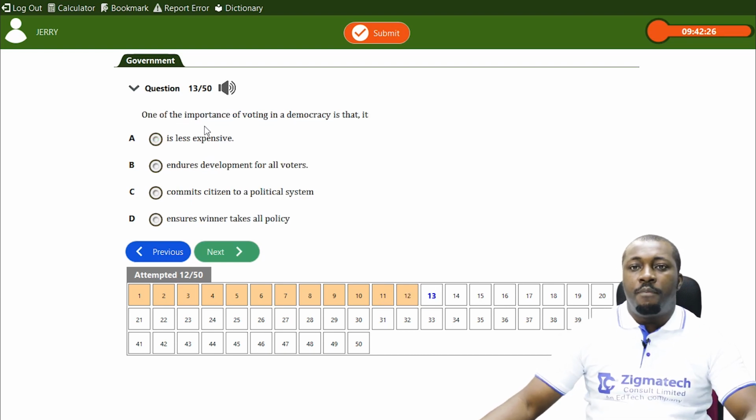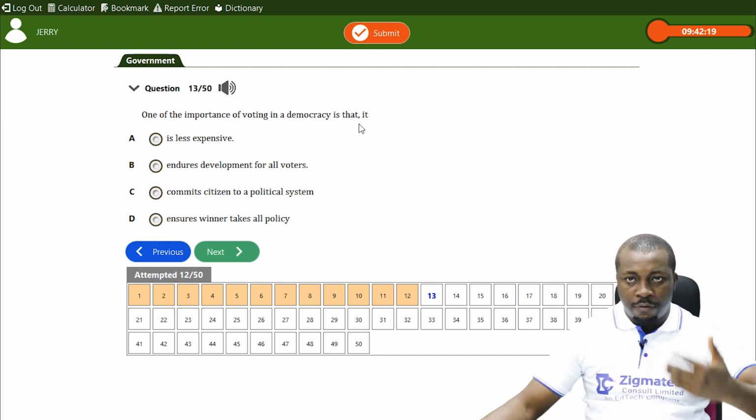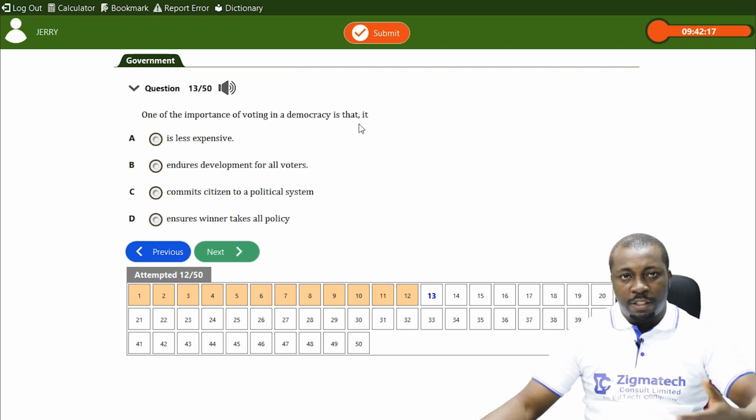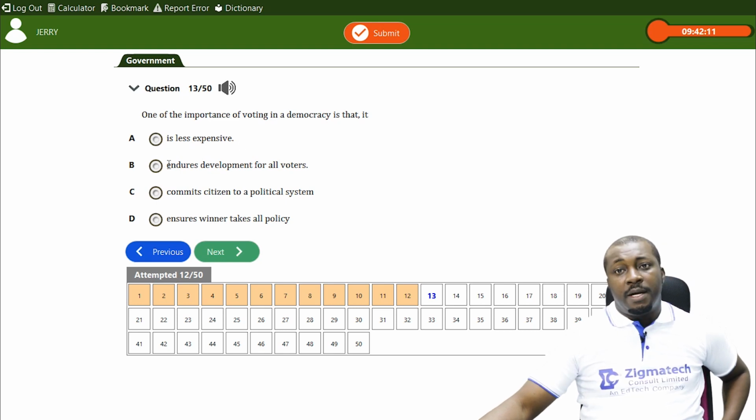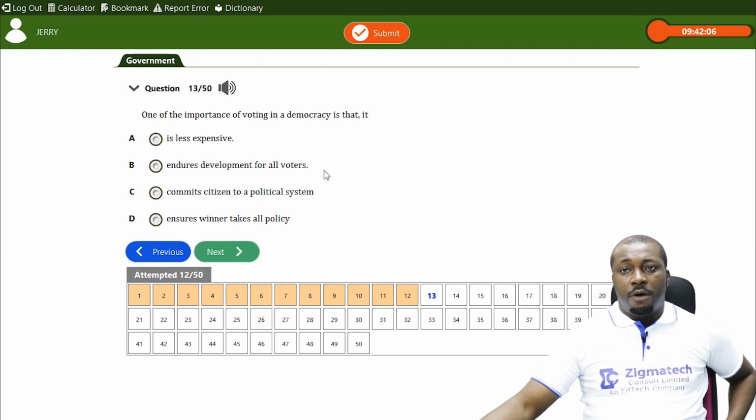Now, one of the importance of voting in a democracy, that's testing the importance of citizens participating in the voting process. One of the importance is A, less expensive? We don't talk about expenses in voting. B, ensures development for all voters? No. C, commits citizens to a political system.